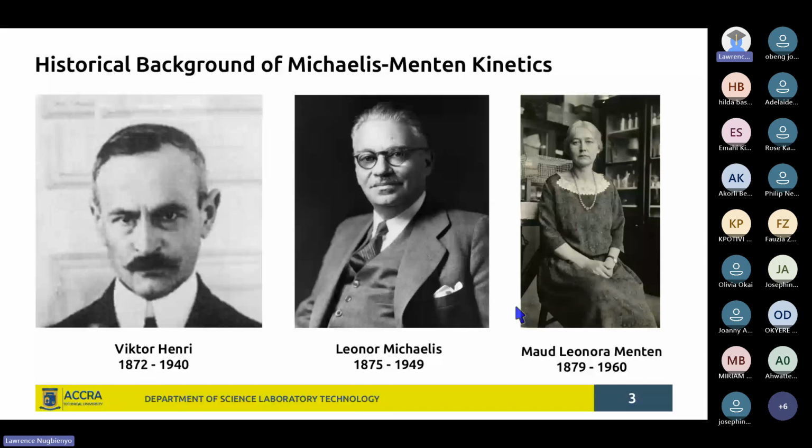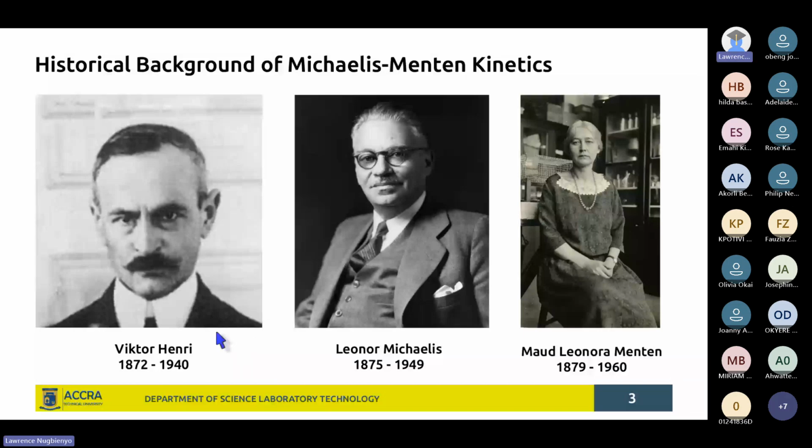And so in Germany, she met Leonor. And in Germany, she worked together with Leonor to discover the representation of the substrate concentration having an effect on the rate of enzyme reaction.